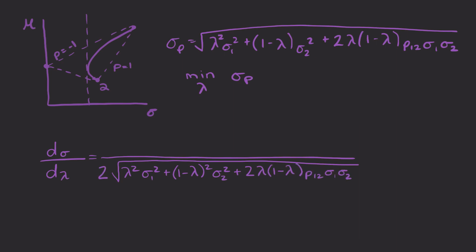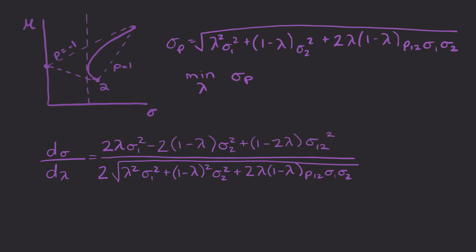So we're going to get 2 lambda sigma 1 squared plus 2 times 1 minus lambda, and there's a minus sign here, so it's minus 2 times 1 minus lambda sigma 2 squared. And then this one will give me 1 minus 2 lambda times the covariance.